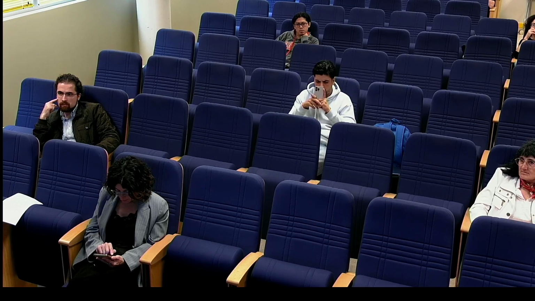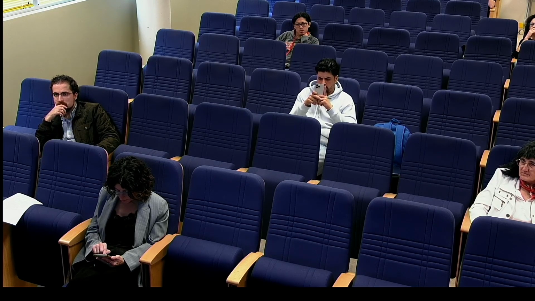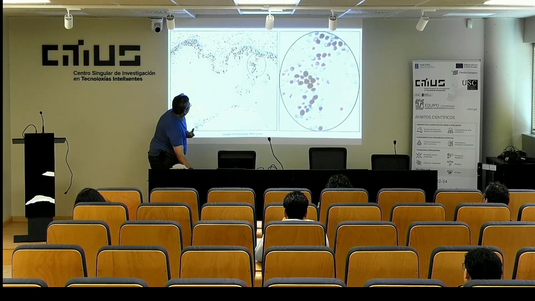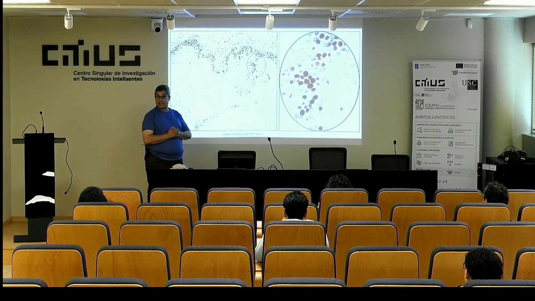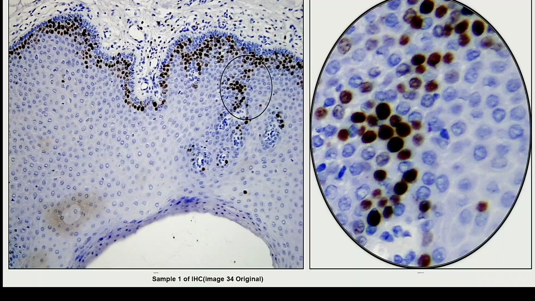This is one of these images. For example, here there is nothing determined except this circle to show you some. There are many cells. No one can detect the cells except the expert, and there's variation between the experts of detection.